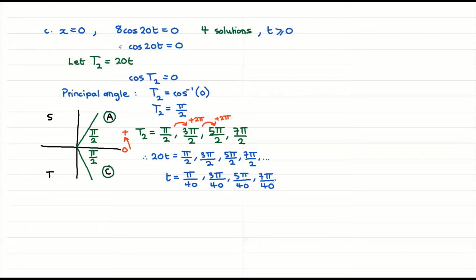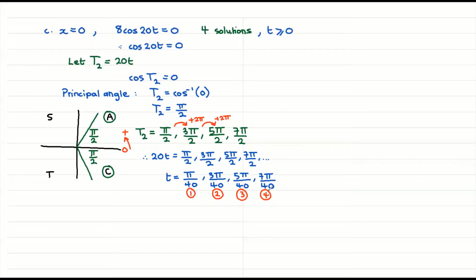Okay, so now we've got that, we can just substitute in each of these 4 solutions. So we've got solution 1, 2, 3, and 4. Now these are the 4 values of t, the time when the skater is crossing the y-axis.